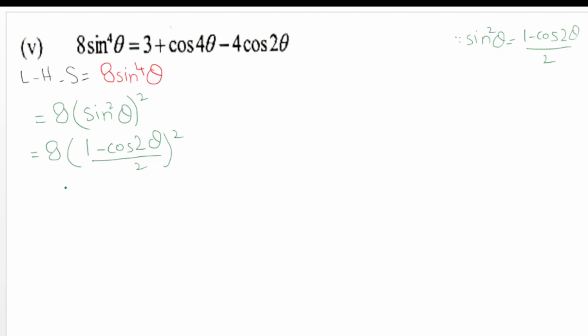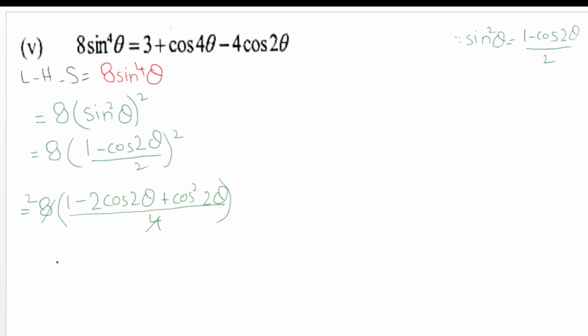We'll just open the square here. Now a square minus 2ab plus b square. So cos square 2 theta, and the square of 2, that is going to be 4 here, in the denominator. So that 4 will cancel out like this, 4 times 2 is 8.